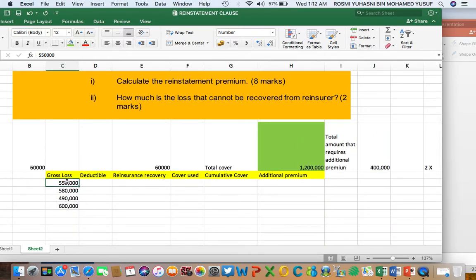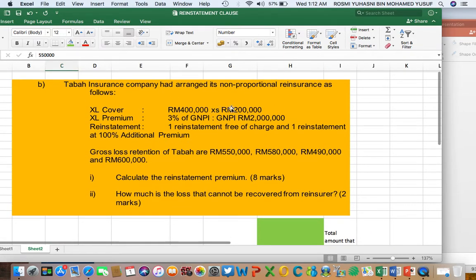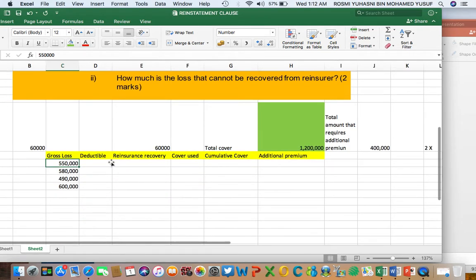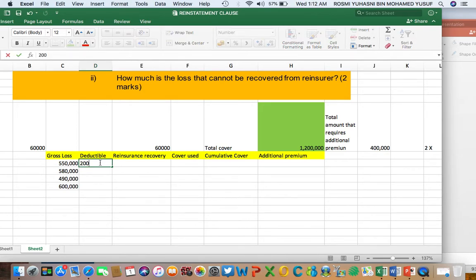So we have the first loss here, second loss, third loss, and fourth loss. Let's calculate the additional premium for the first loss. The number here is gross loss, meaning that we need to calculate how much is the reinsurance recovery. We know from the question that the deductible is 200,000. So gross loss 550 minus 200, recovery will be 350.